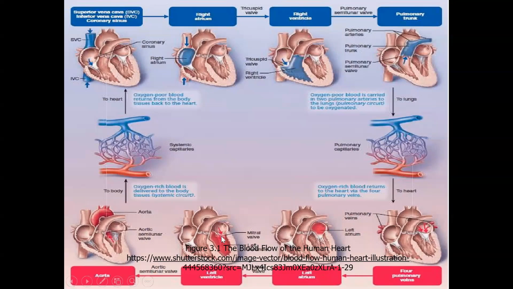Pagkadaan niya kay mitral valve, dadaan na siya kay left ventricle. Pagkadaan niya kay left ventricle, dadaan na siya kay aortic semilunar valve. Then, papunta kay aorta. Magsasara na si aortic semilunar valve. Sino kadugtong ni aorta? Siya na po yung magpapamigay all throughout the tissues of different organs of the body.